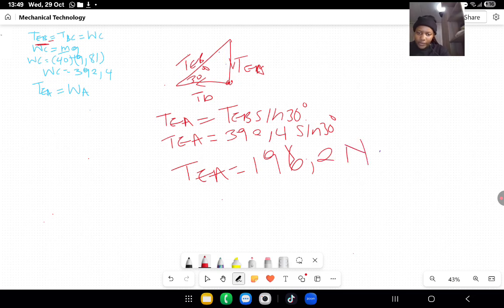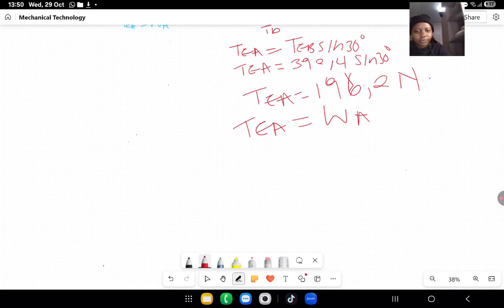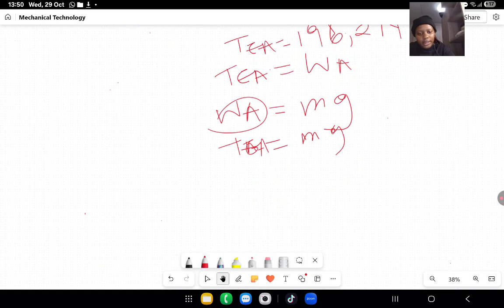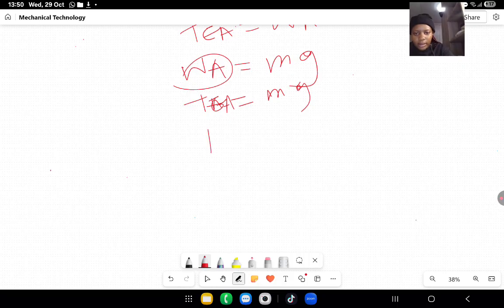Then since we say TEA equals W at A, we will continue by saying WA equals mg. So this means TEA equals mg. Our TEA is 196.2.